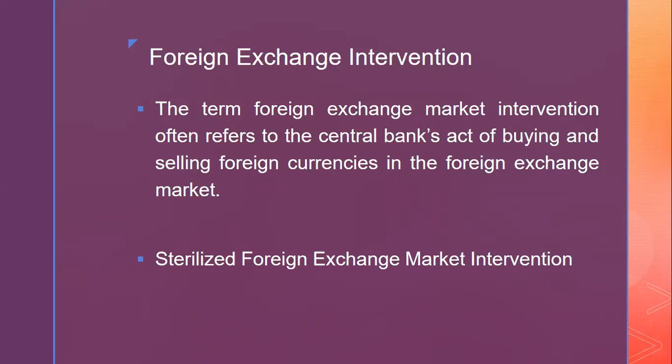When the domestic currency supply increases, there might be a downward pressure on the price of the domestic currency. In other words, there might be a depreciation in the exchange rate. Why? When the supply of the domestic currency is higher in the economy, that means the value of the currency is going down. That means our currency is depreciating, right?